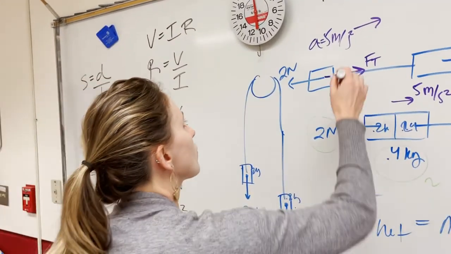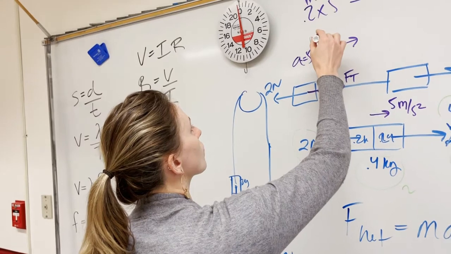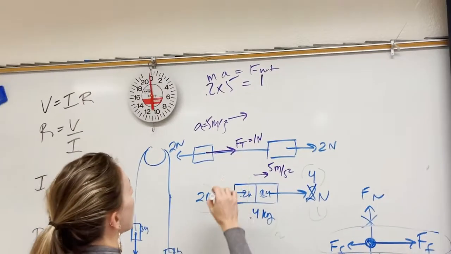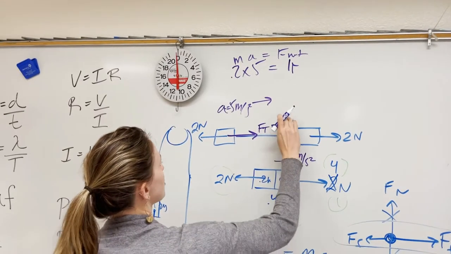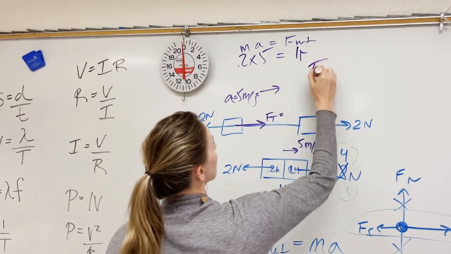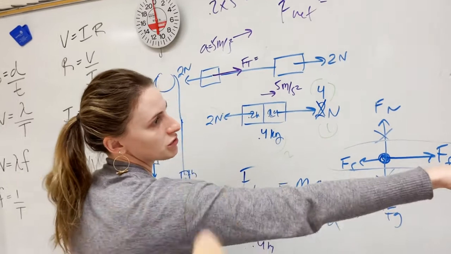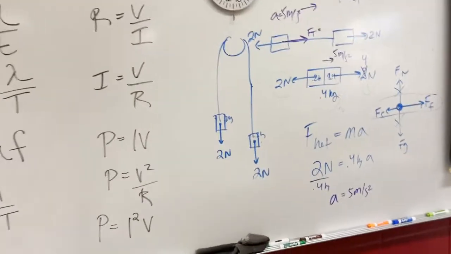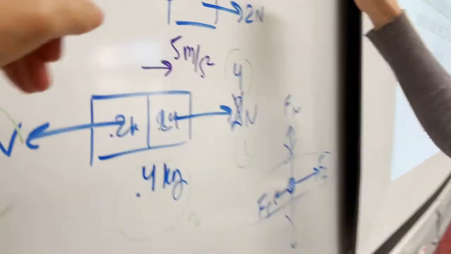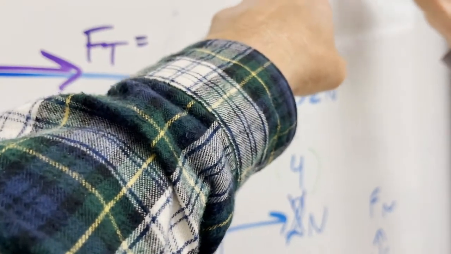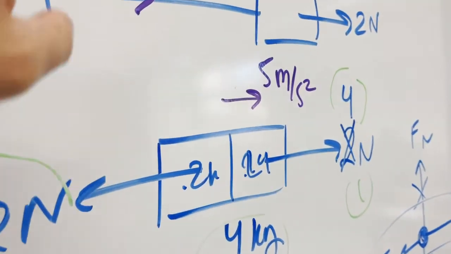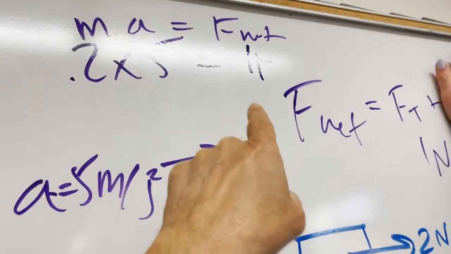That's the net force, not the force of tension. Let's use this equation right here. Our net force is going to be our force of tension. So the net force is 1 newton. We got that from this. Yeah, 1 newton right here.